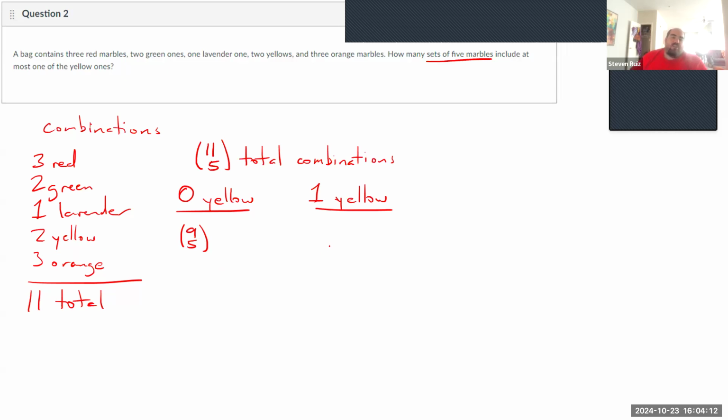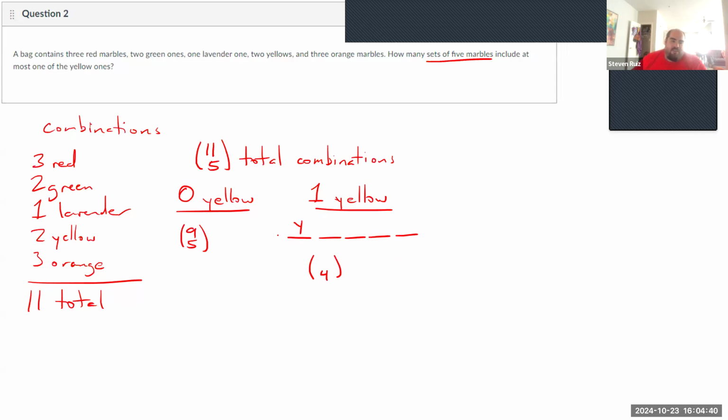What if I want exactly 1 yellow marble? Let me write this down as spaces. There's a yellow marble. Now I'm going to choose the other 4 marbles, but how many options do I have to fill those?